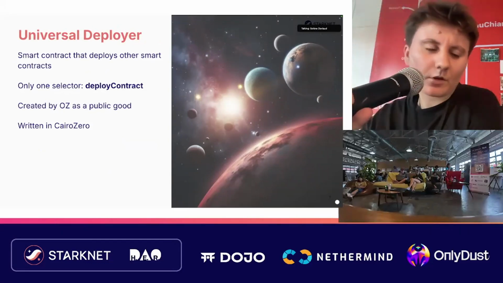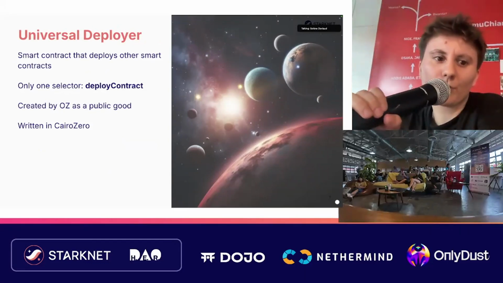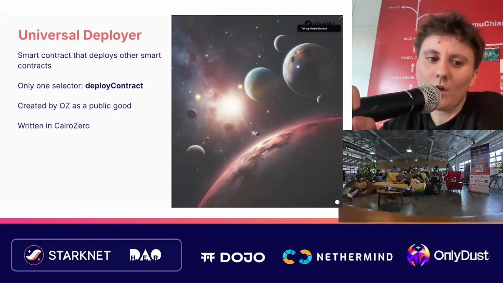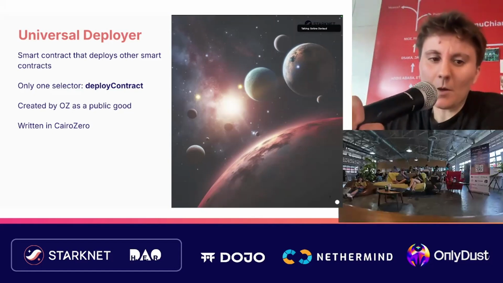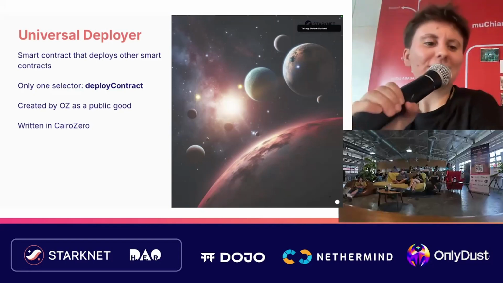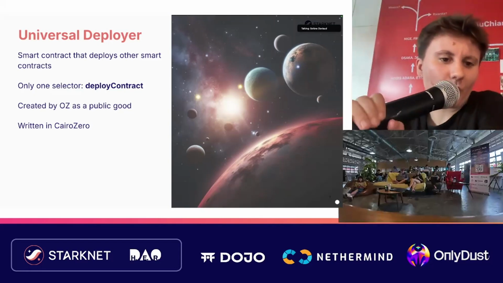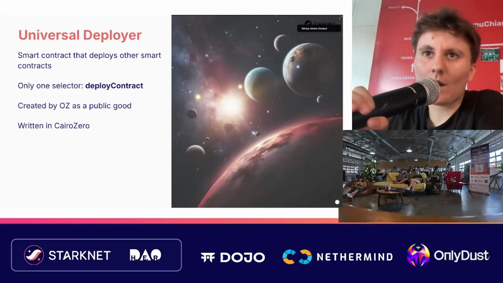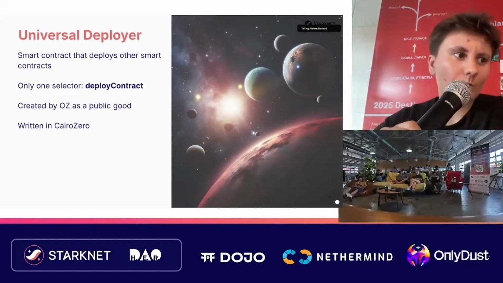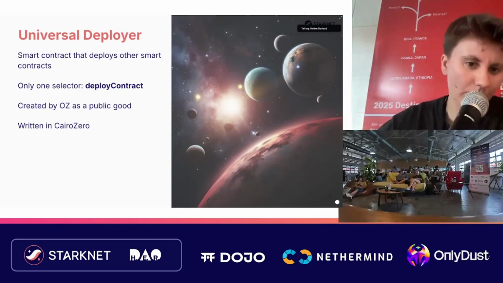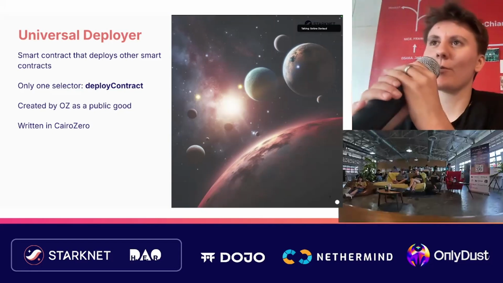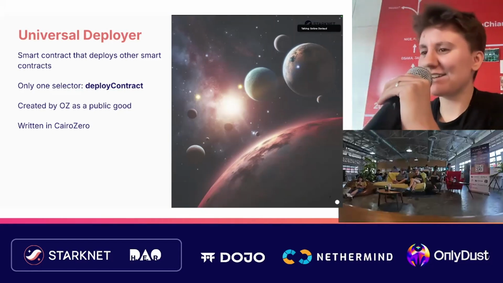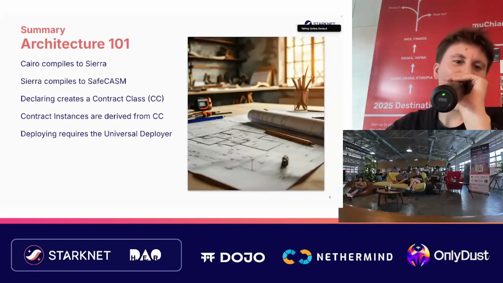We are using this universal deployer written in Cairo 0, so we have to upgrade that, but it's ongoing, and OpenZeppelin is behind this project. This contract can be used by everyone on Starknet as a public good. It's important to mention that it's actually open source work.